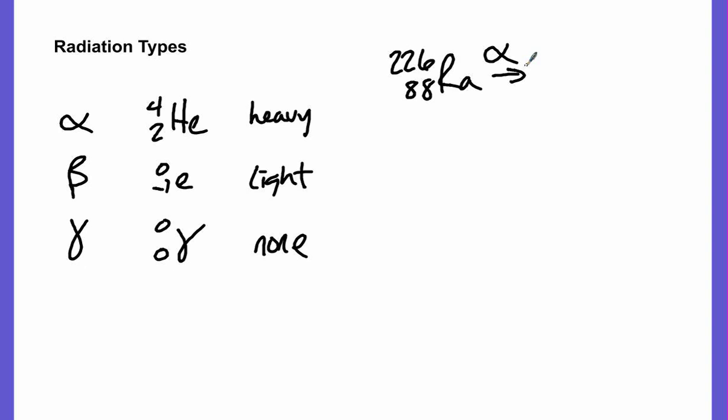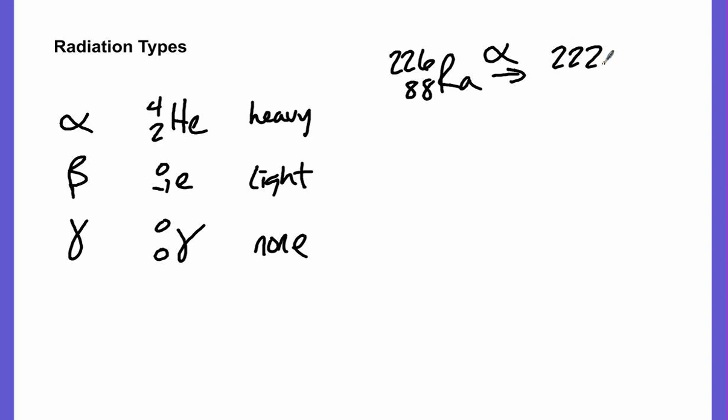If it emits an alpha particle, you have to remove that helium atom from that nuclide. Just like a couple slides before this, all you basically do is subtract that particle from the parent. So I have this 226 here as a mass. I'm going to subtract 4 from that to get 222.